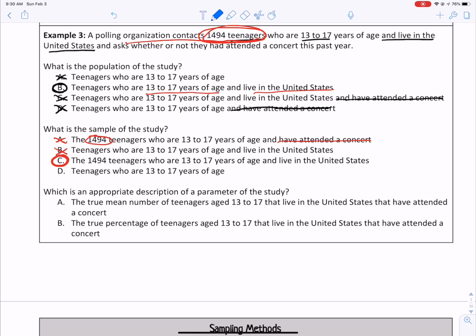The true mean number of teenagers we could find, because we could find the mean, and then we could also find the true percentage of teenagers 13 to 17 that have attended a concert. So either one is actually appropriate. I would say that percentage would sound a little better, because we're going to calculate how many of these teenagers attended a concert out of the total.